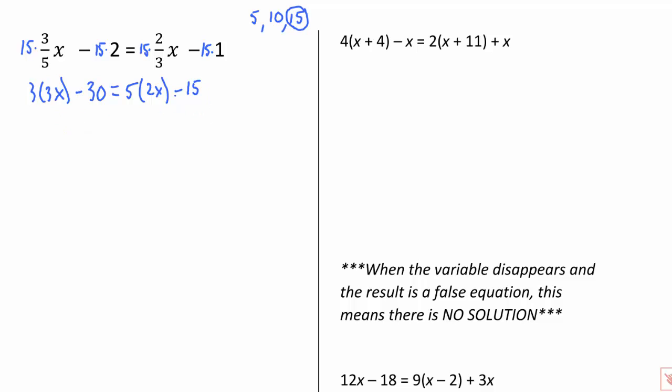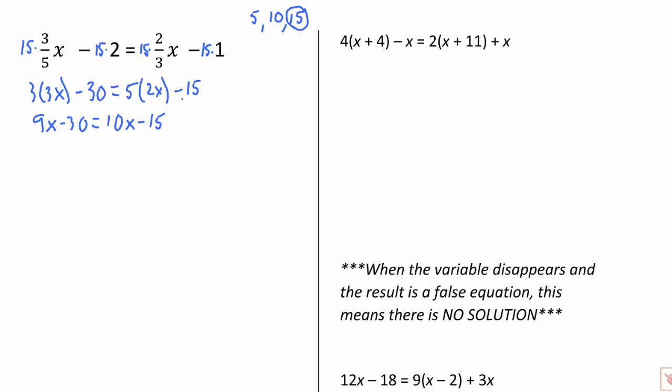Now, multiply, combine like terms, and solve. So 3 times 3 is 9, so it gives me 9x minus 30 is equal to 5 times 2x, which is 10x, minus 15.